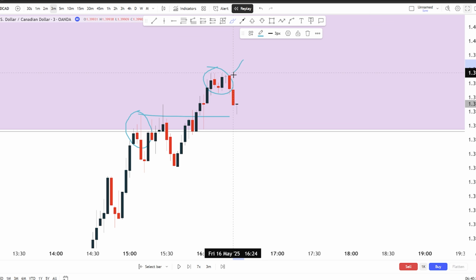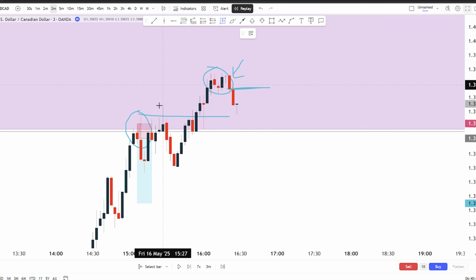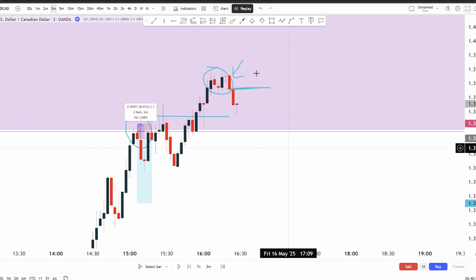Or you can enter with the bearish engulfing candlestick, which is going to make your entry here. So right now we have a loss here, which is around 2 pips.